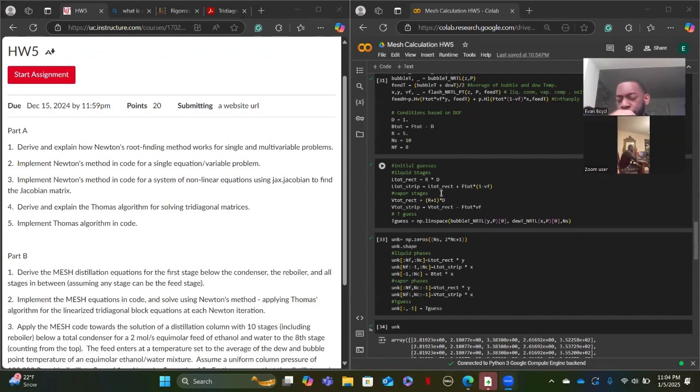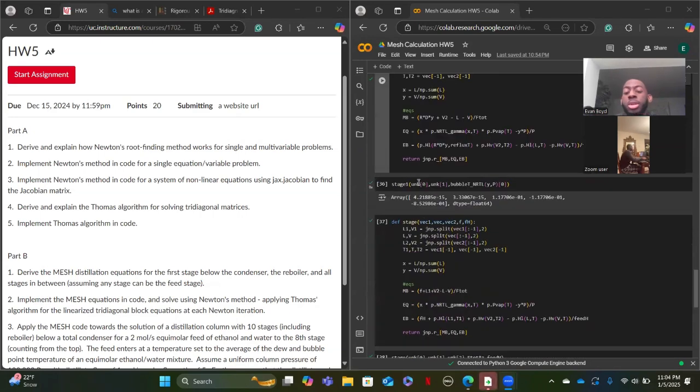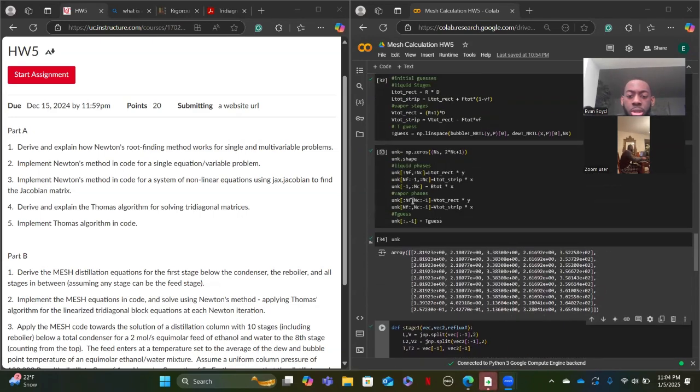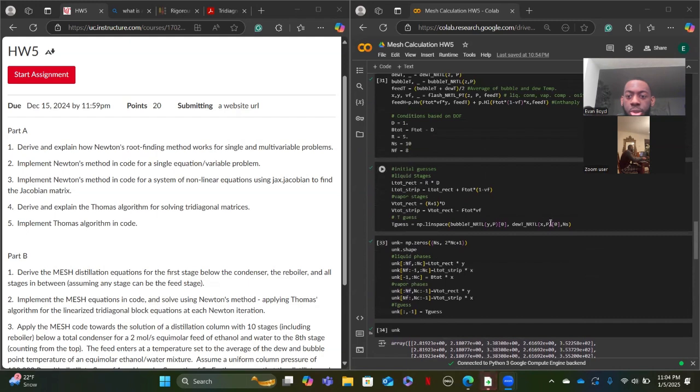To set up our initial information for our MESH calculations, we use our initial guesses from equations we have from this regular distillation column, and we set up a guesser. So we had an MP0 as matrices of 10 by 5, knowing that we have 10 stages from our columns.